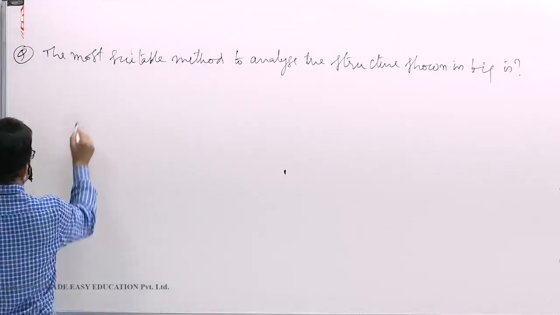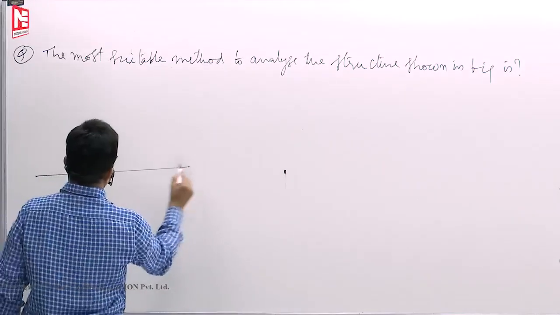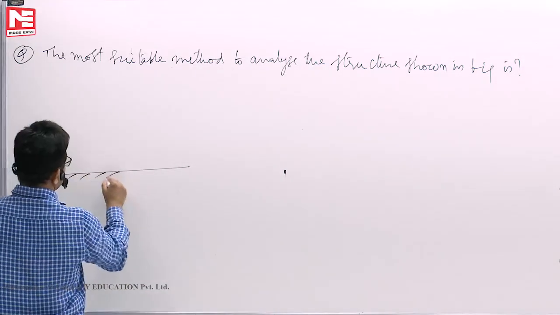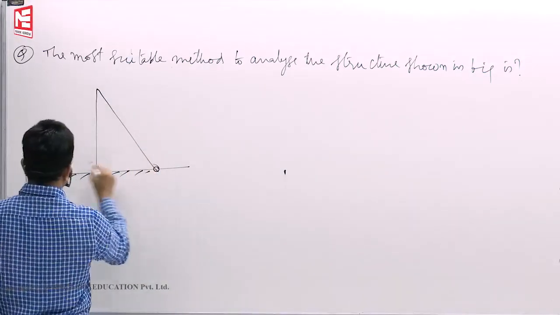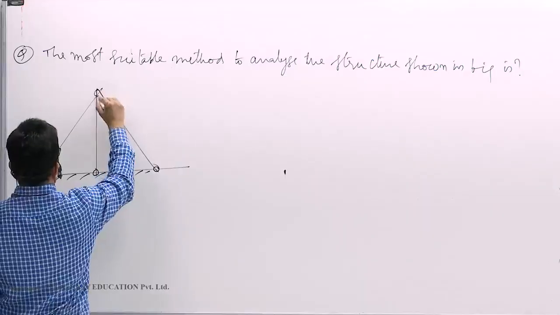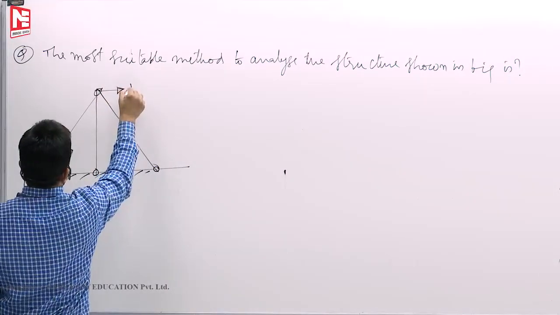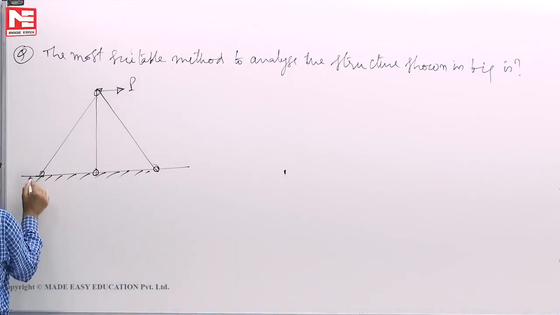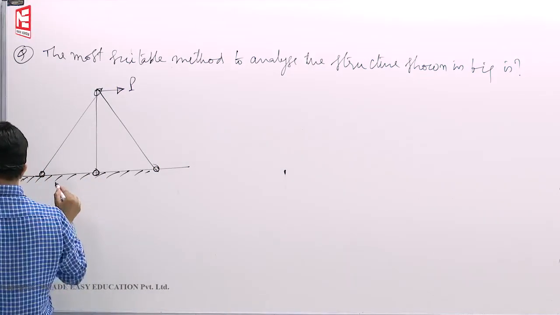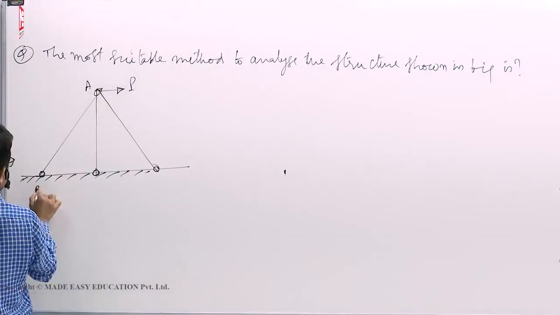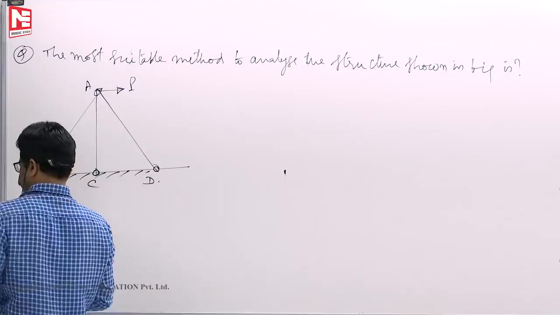See here, there is a plane frame, actually a truss structure, because all of them are links. Let us say the points are A, B, C, D. Okay.